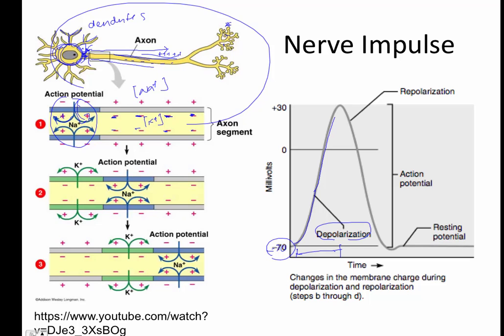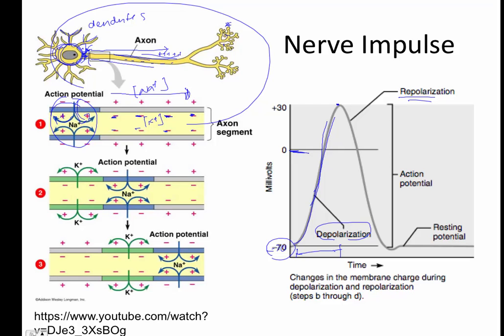Once we hit a certain threshold, we're going to undergo depolarization, and then that's when we can start our action potential, which is going to go across the entire span of our axon. Now, once our membrane becomes positive 30, what happens? Well, now we're going to have what's called repolarization.